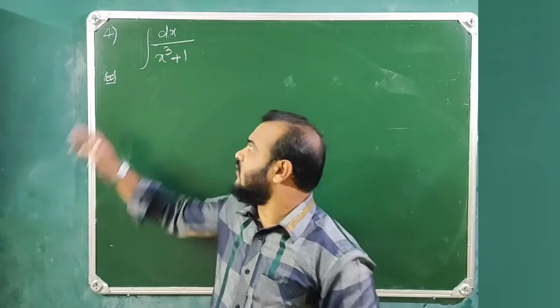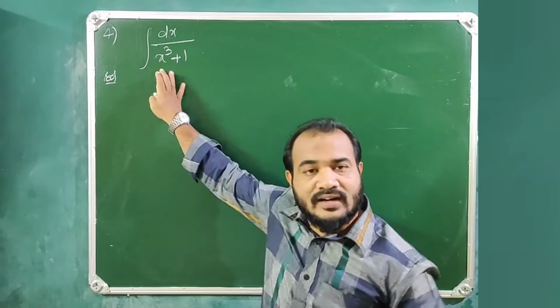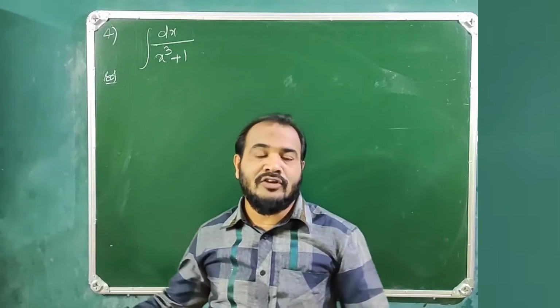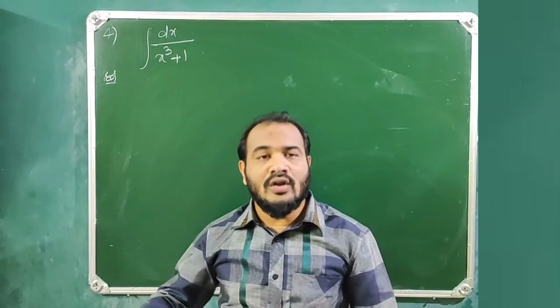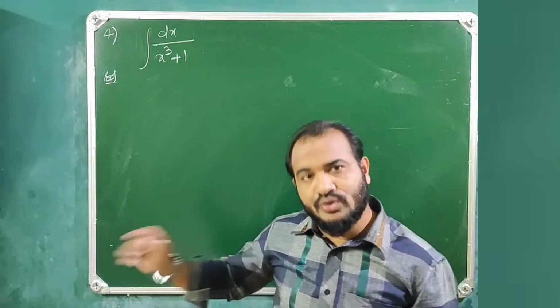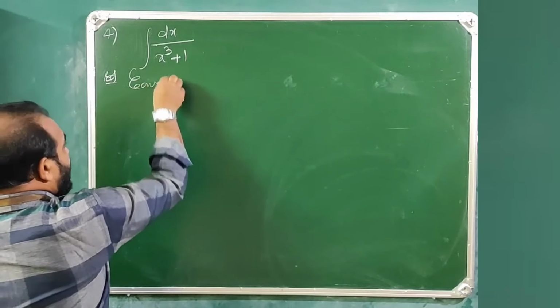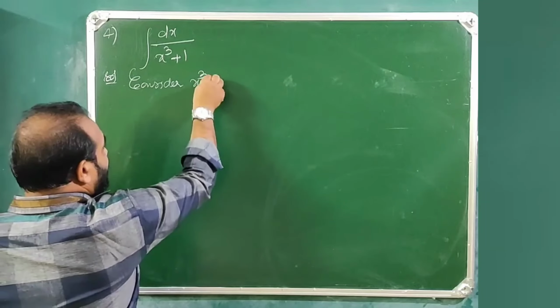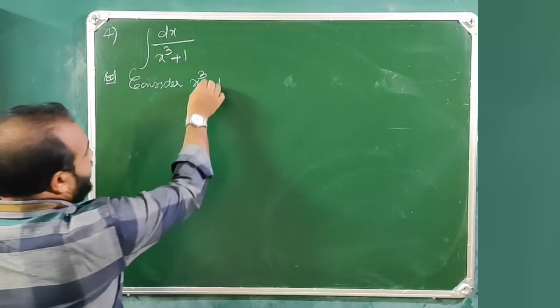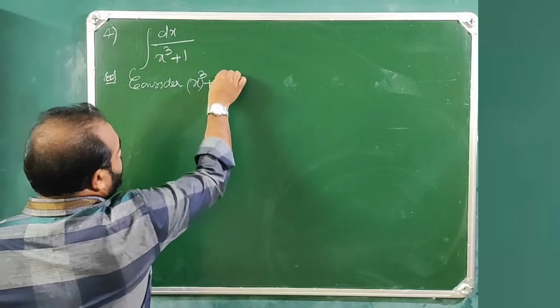So let us first factorize this cubic factor into a product of linear or quadratic factors. First, let us do that. So consider x³ + 1. 1 can be written as 1³.